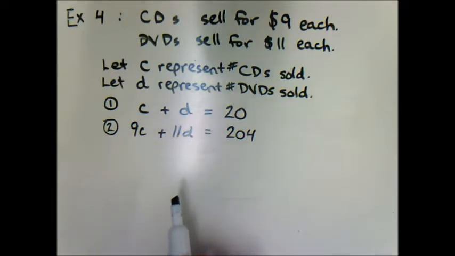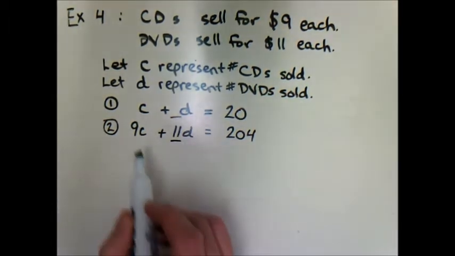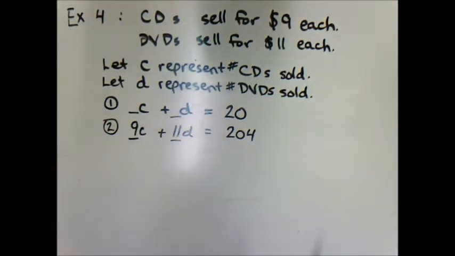In order to get C or D by itself, I need to eliminate either C or D. In order to eliminate, I need to have the same coefficient in front of the D's or in front of the C's. So how do we get that?